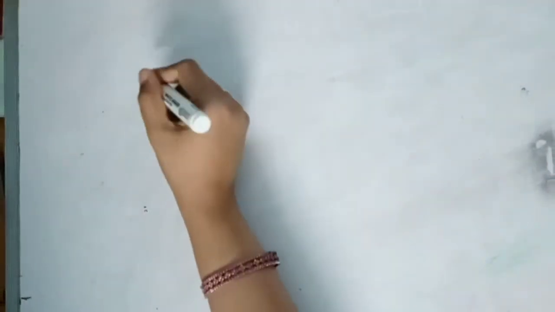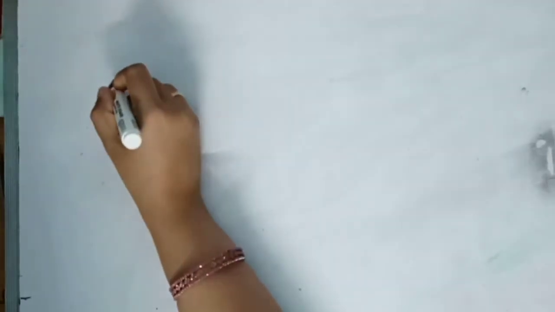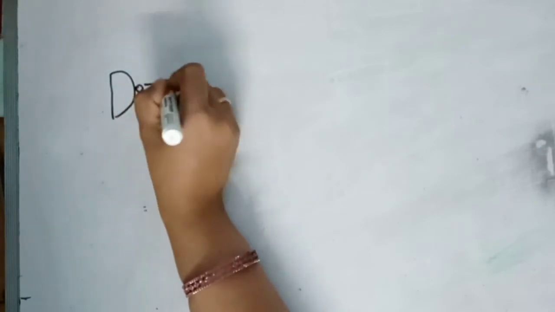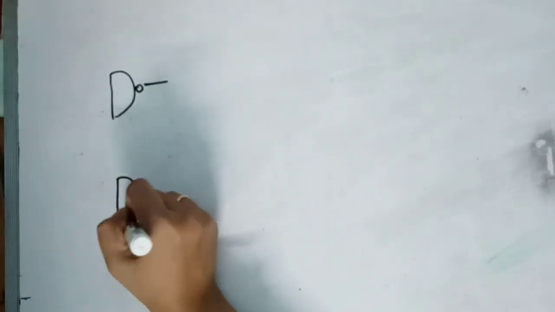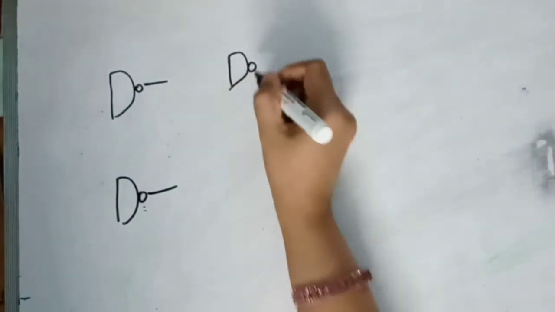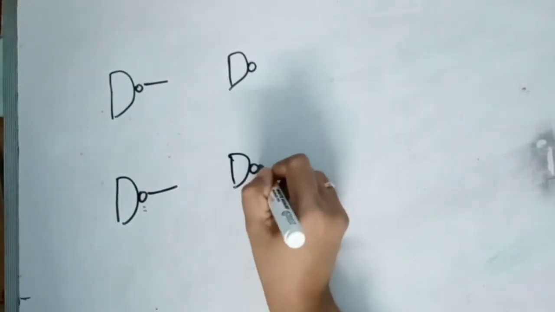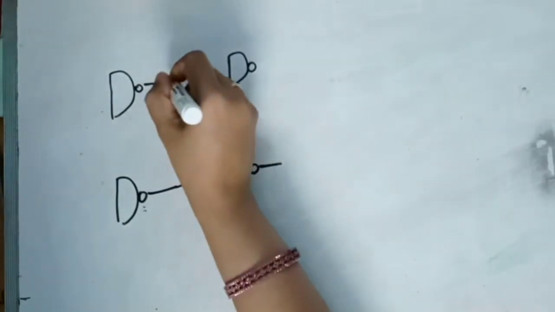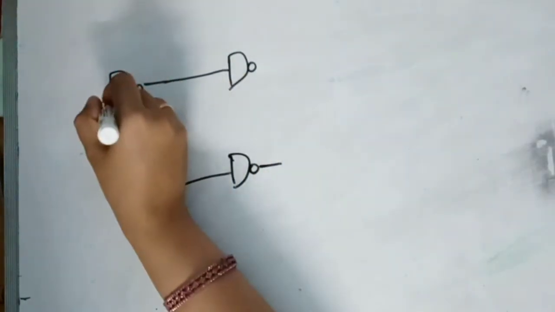Now the most popular method which we use to remove the race around condition is using a method called the master slave flip-flop. Now what is that? For a JK flip-flop you need 4 NAND gates.